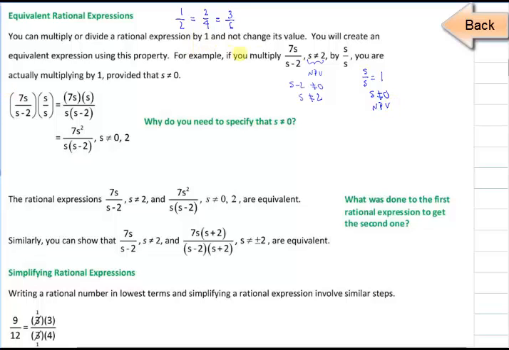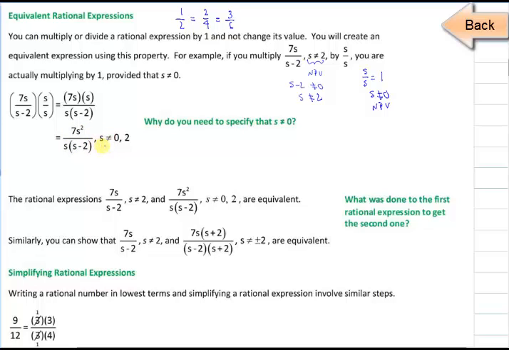So let's take our original expression, 7s over s minus 2, multiply it by s over s, and we get 7s times s over s times s minus 2. And 7s times s is 7s squared, and we'll leave our denominator as s times s minus 2.